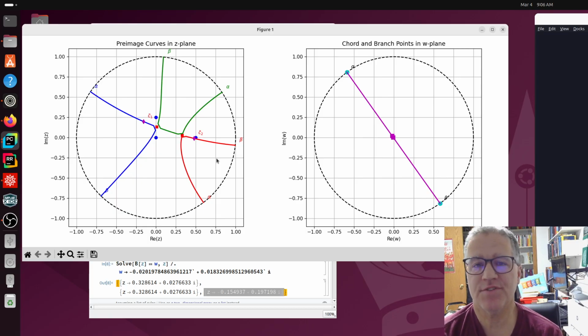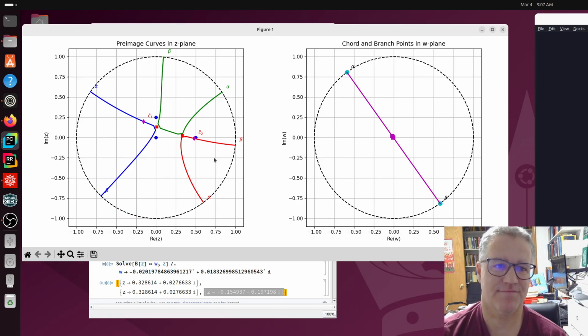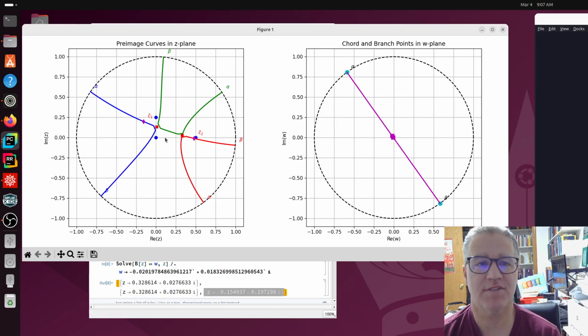Maybe a challenge for you, if you're good at getting Python to work: see if you can code this up for a different third order Blaschke product, and then see if you can code it up for a general order and try to get a pretty crazy picture over here of a 4th or 5th order Blaschke product, working out these points and these curves, and then see if you can figure out the homotopy or the monodromy group.